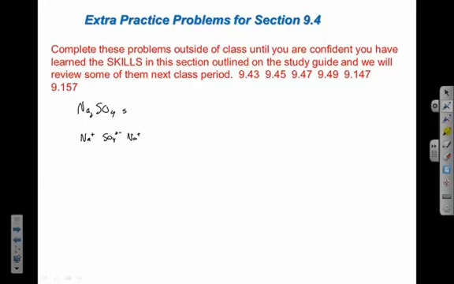So if I take that as a solid and I introduce it to water, and I dissolve it, if I see the solid mixing in with the water and becoming a homogeneous mixture, and I don't see the solid particles anymore sitting on the bottom and they all mix in and totally dissolve, what happens is I get the sodium ions and the sulfate ions separate from one another. And that substance is fairly soluble in water. If I put it in water, the ions separate.